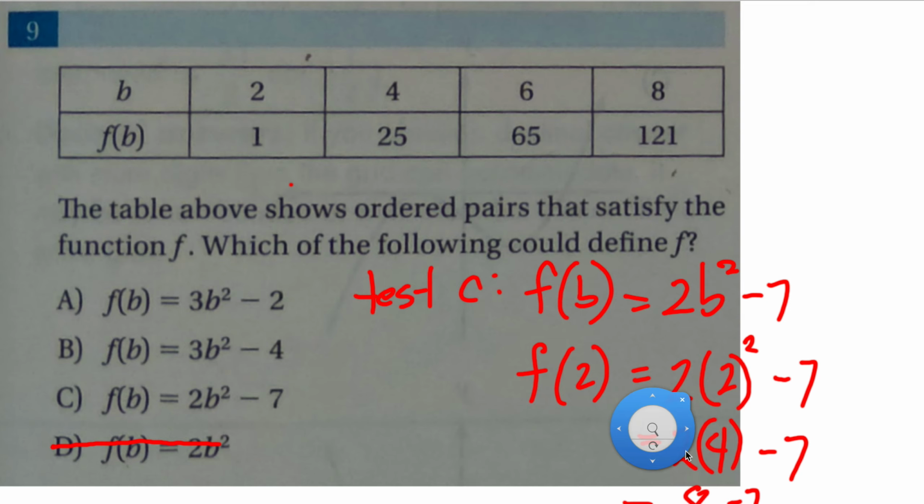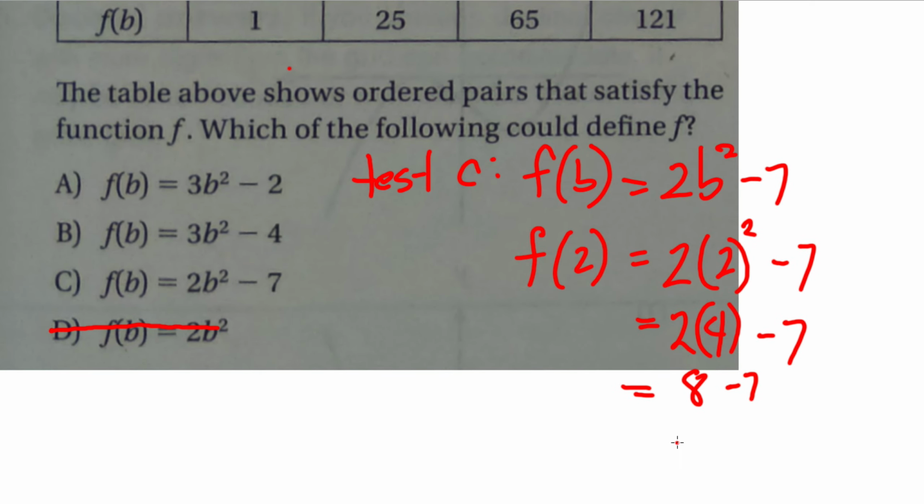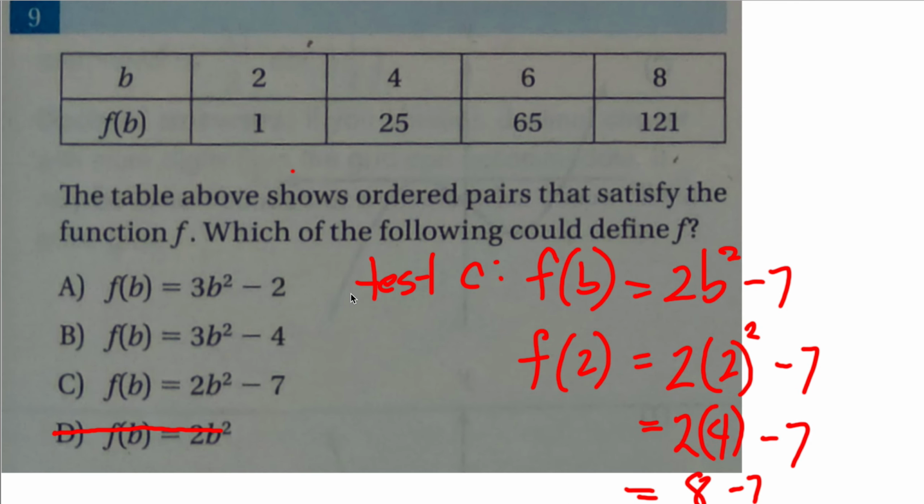And 8 minus 7 is 1. So when b is 2, we have 1, and that satisfies our ordered pair here. When you have 2, we have an output of 1.